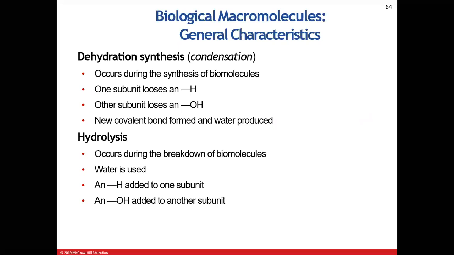When we are creating specific molecules, one subunit loses an H, a hydrogen atom, and the other subunit loses an OH. As we pull out the OH and the H, those combine to form a water molecule, and we have a new covalent bond formed, and the water is produced.